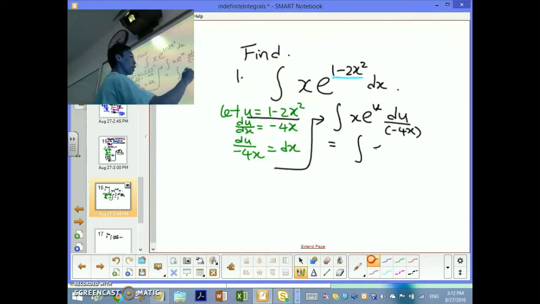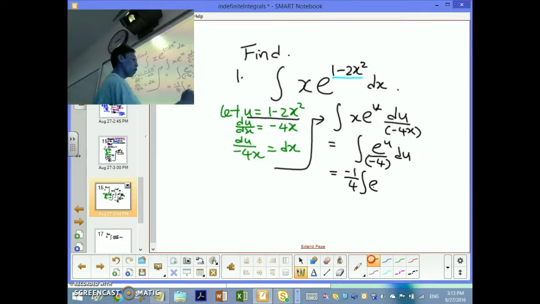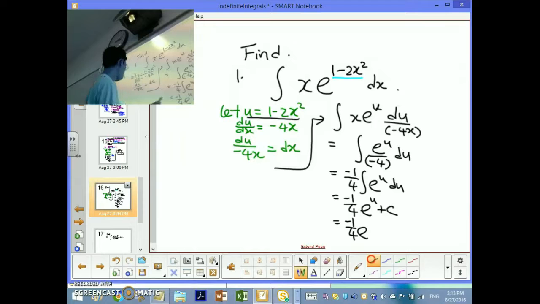We are left with e to the power of u over negative 4 du, or negative 1 over 4 e to the power of u du. So the answer is negative a quarter e to the power of u plus c. But what is u? u itself is 1 minus 2x squared. Voila, that's it. That's the answer.